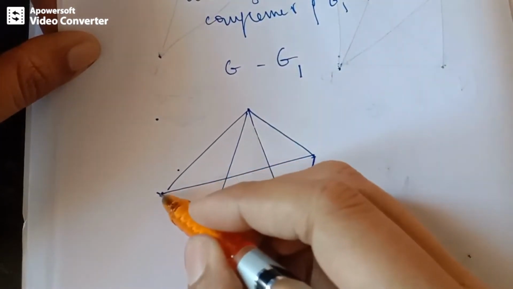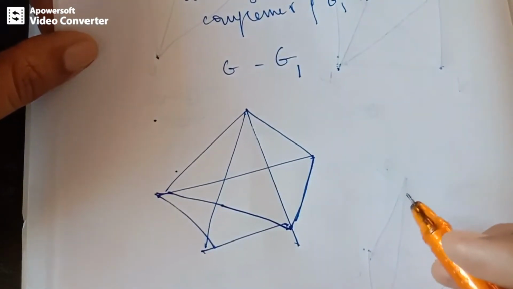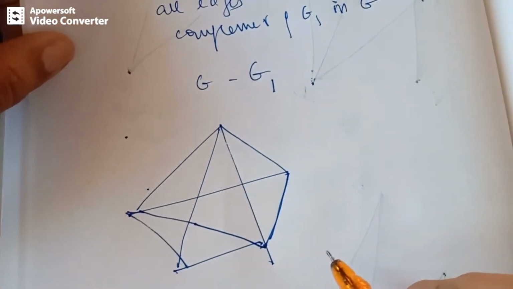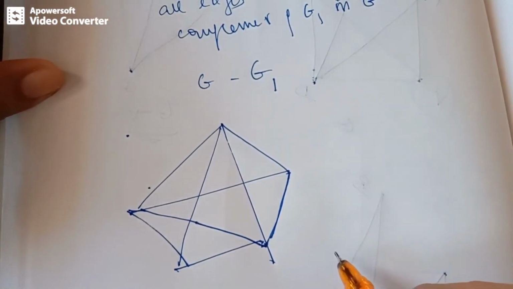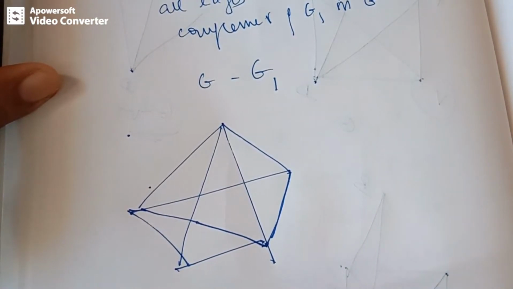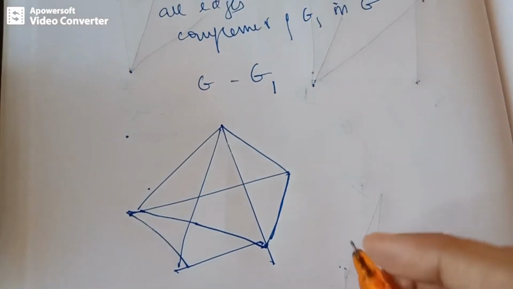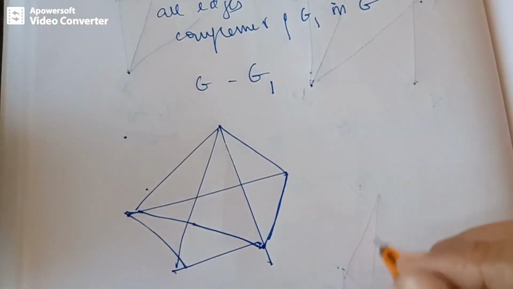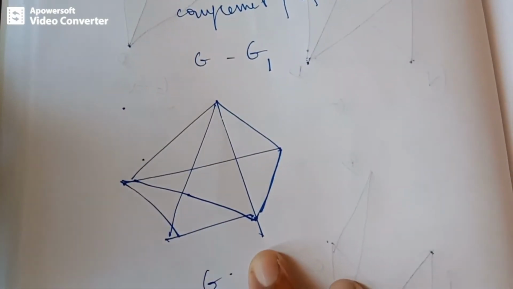Okay, we have got this graph. So what will be the complement of the subgraph? So let's denote G1 as a subgraph of G, which is shown in here. So this is the graph G.